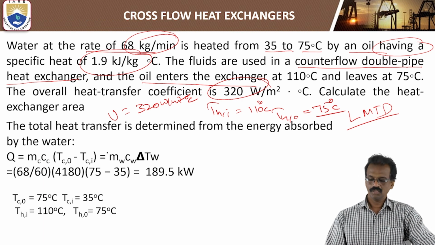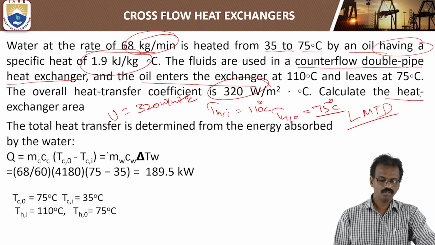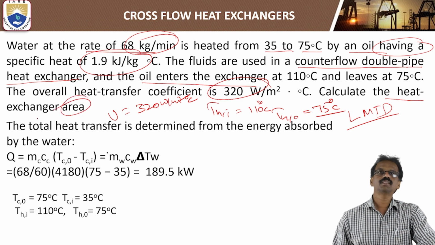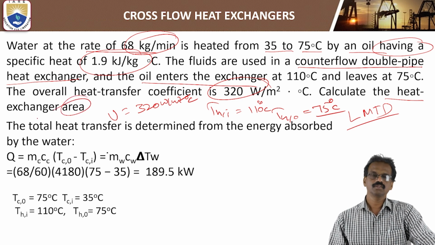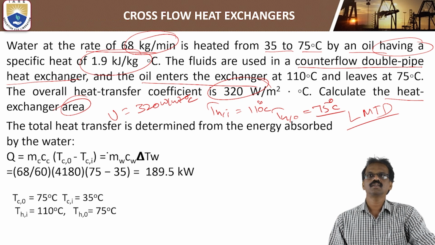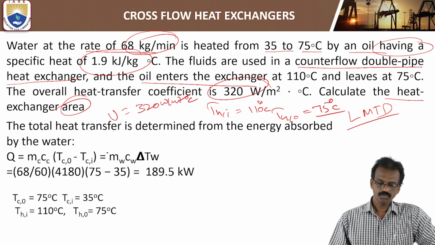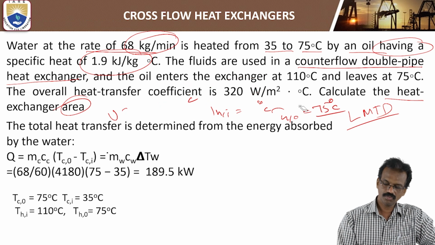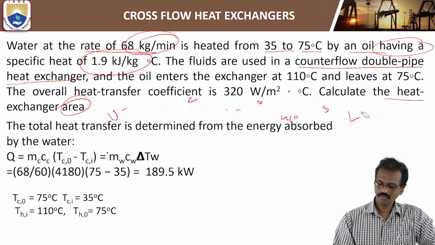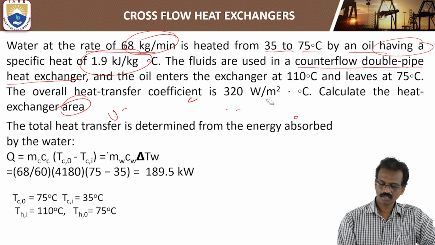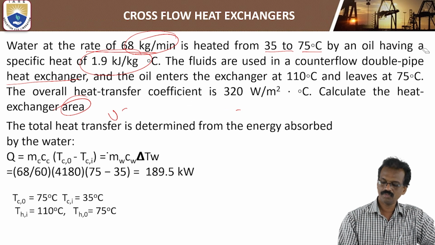Here we have to calculate the area of the heat exchanger. For this, first of all, you have to find the rate of heat transfer Q. You know the formula for the counterflow.